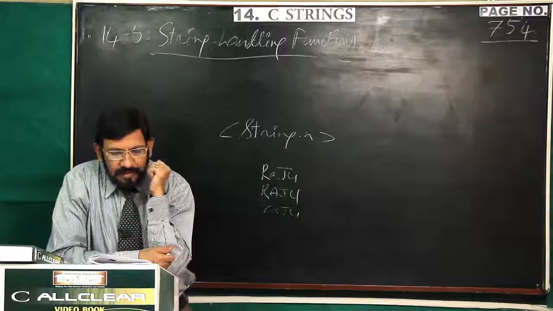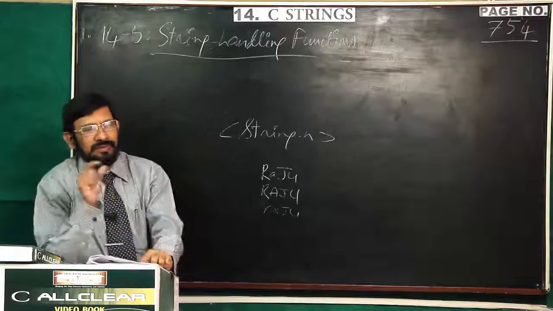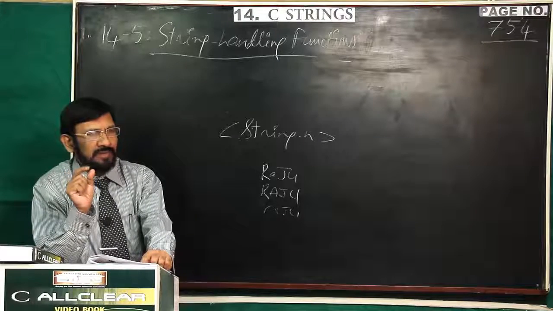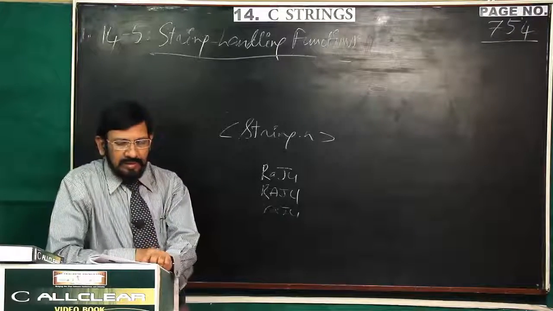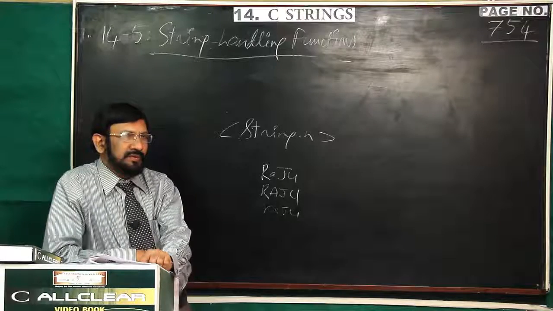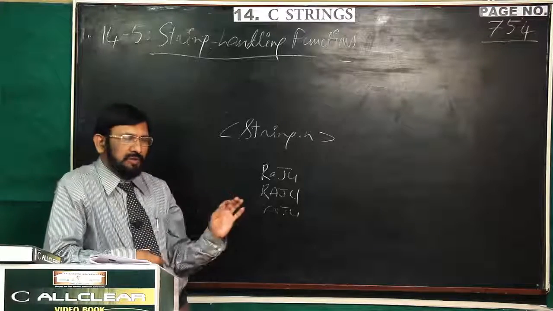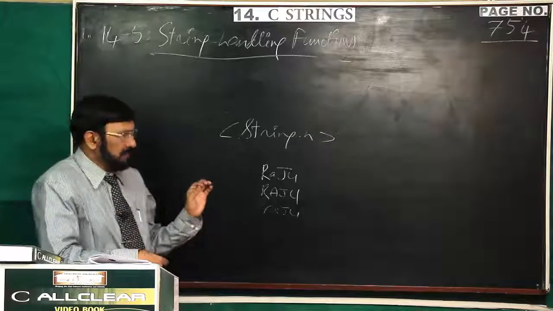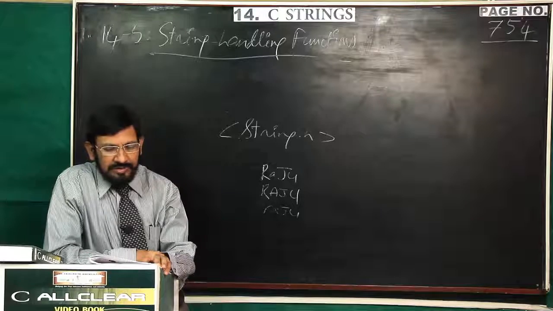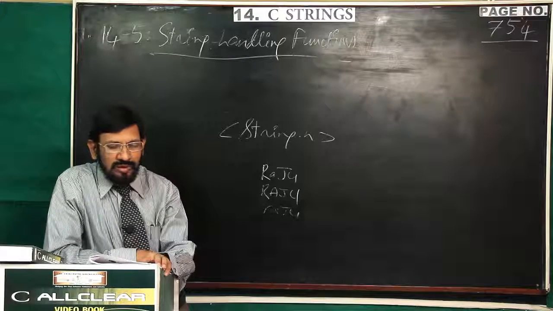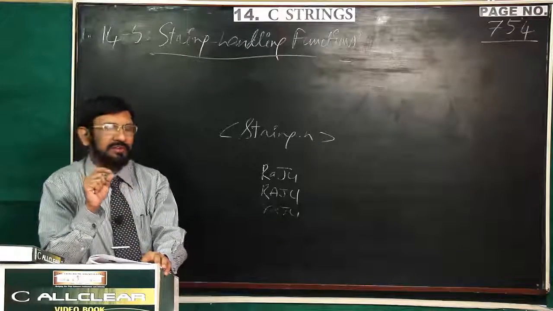Next, strncmp. N compare means in a particular string, a specified number of characters are compared with the same set of characters in the other string. strnicmp: two strings are compared by ignoring case, and a specified number of characters in the two strings are compared by ignoring case. strlwr converts an uppercase string into lowercase.